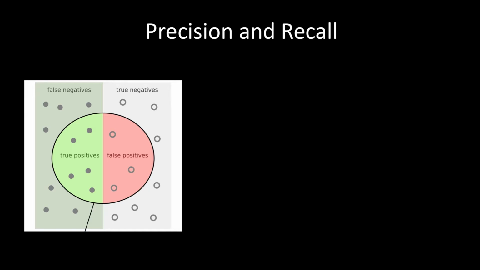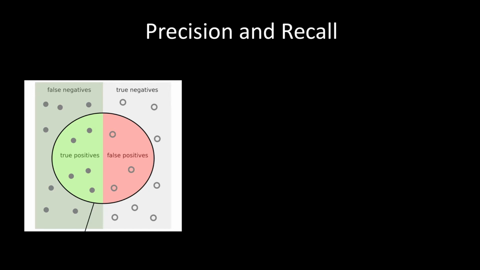So those are incorrect bounding box predictions. False negatives mean that we didn't output a bounding box for a target bounding box. And true negatives, we don't really have in this context, because that would mean that we didn't output a bounding box where there wasn't one.